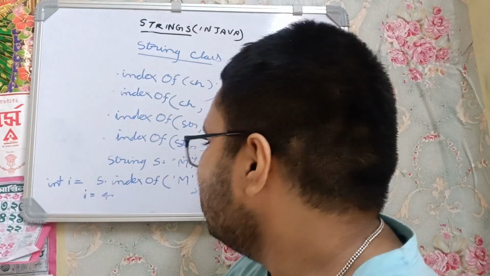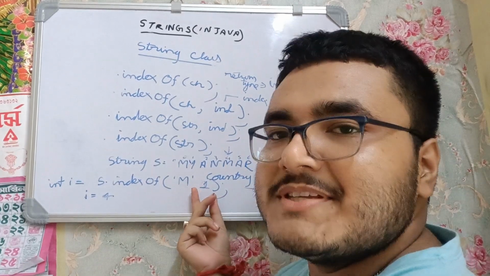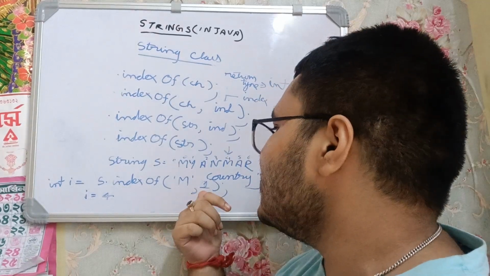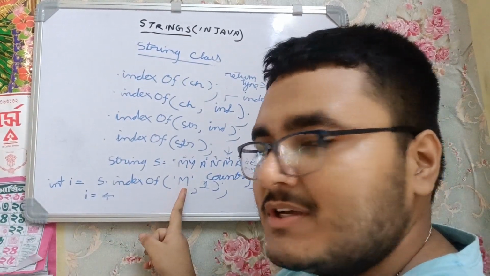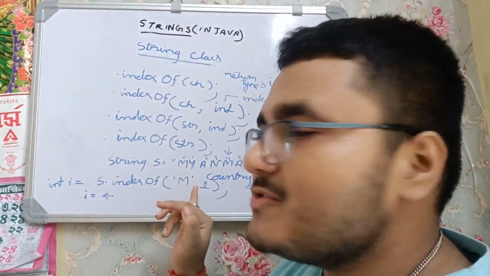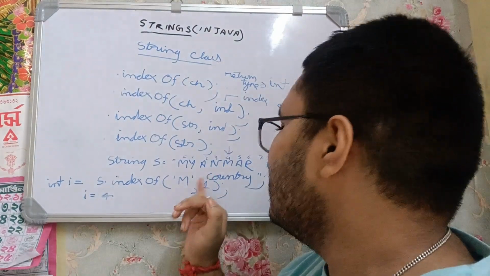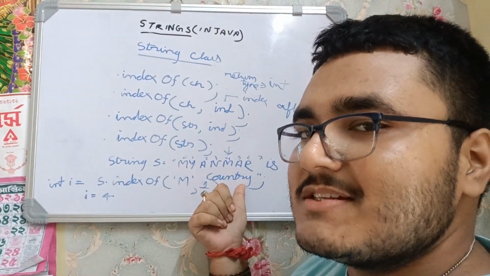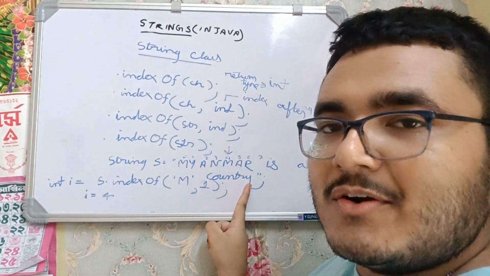If this is another argument where I am sending the index value, I am saying that after this index, wherever the next such character is present, return it. If you write y, it will return the index of the y in country, because after index 1 another y is present.